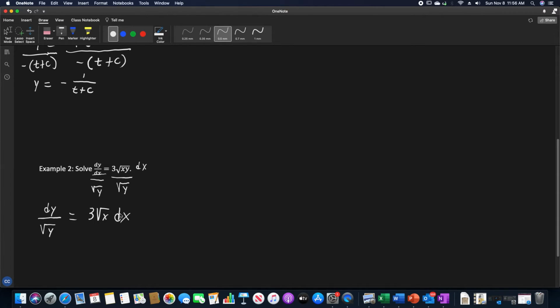And we're going to integrate both sides. This left side is going to make 2 times the square root of y is equal to, this right hand side is going to make 3 times 2/3 times x to the 3/2 plus c.